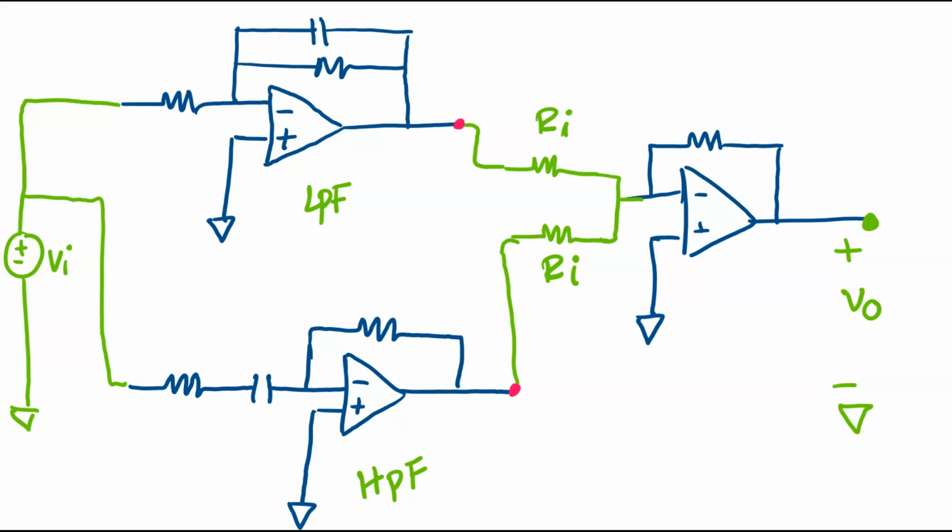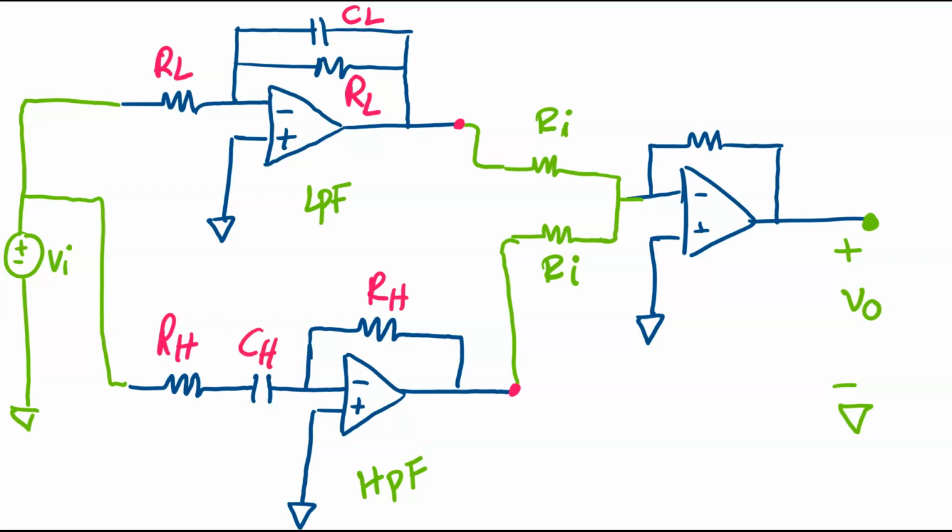So I'm going to show the resistor of my low pass filter by RL and the capacitor by CL. And for the high pass filter, I'm going to consider them as RH and CH.